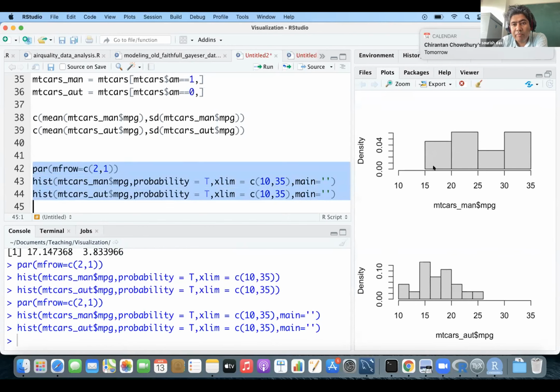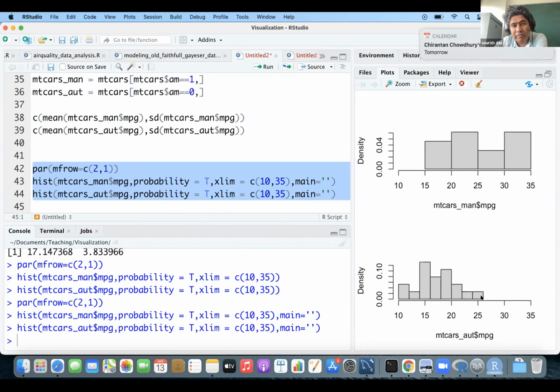So this is the distribution of the manual cars. They are in the range of 15 to 35. Whereas these are the distribution of the cars which have an automatic transmission. So they are in the range of 10 to 25.